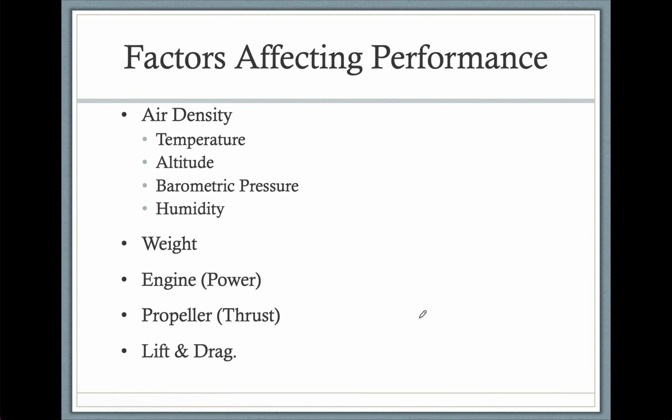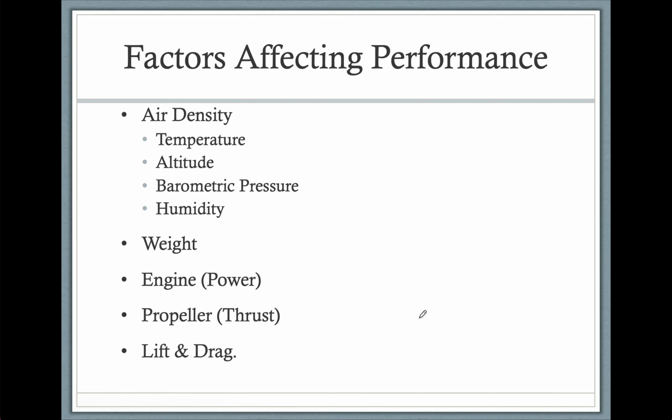So what affects our performance? Well, a lot of things. First and foremost, air density. The density of the air is affected by these main things. The temperature. The hotter the air is, the more active the molecules are, and the more they spread out, which means they become less dense.